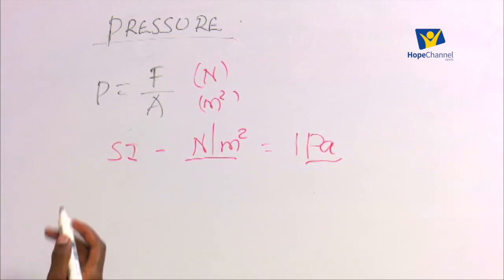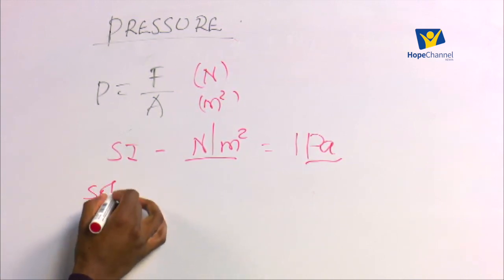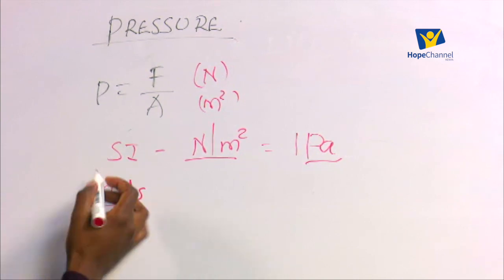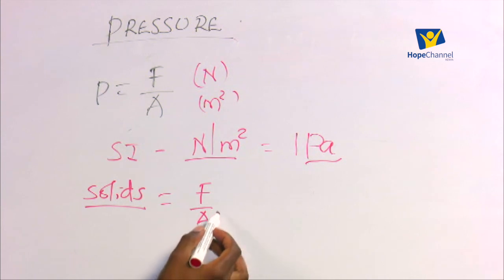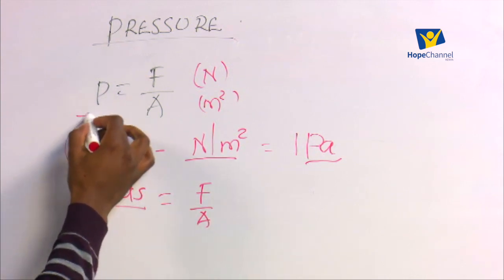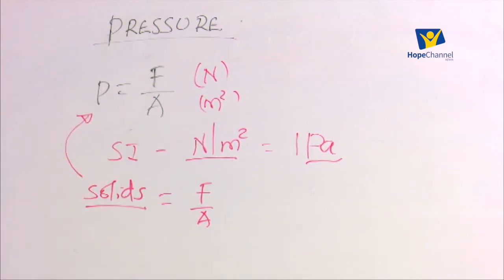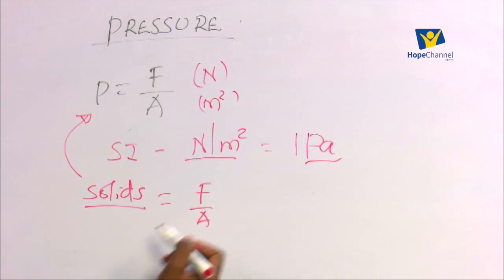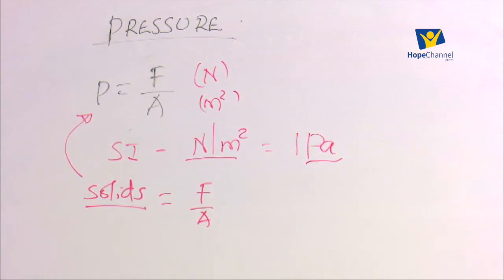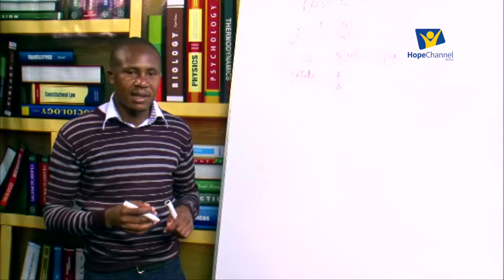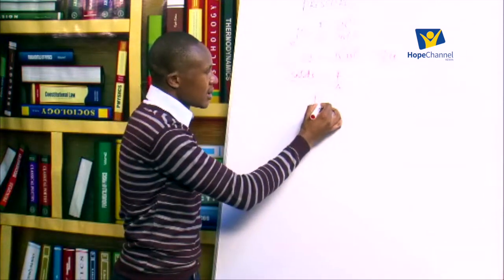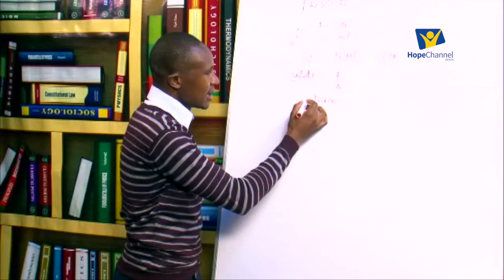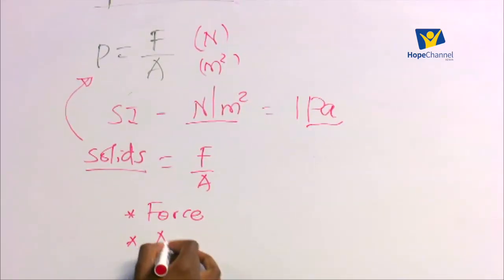And when it came to the pressure in the solids, we said that pressure is calculated by taking the force, you divide by the area, just from the definition of the pressure itself. We mentioned that pressure in the solids depends on two things. Number one, the force that is exerted, and number two, the area of contact.